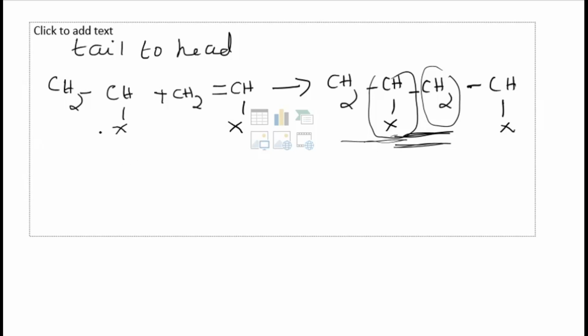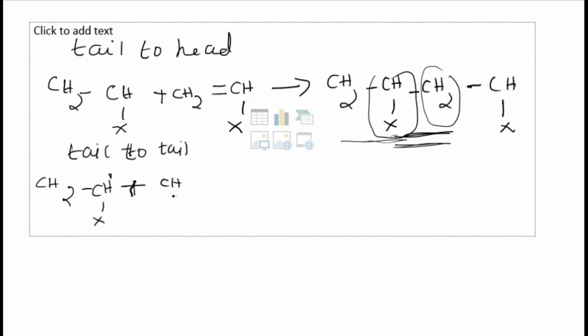Next we can see tail to tail. Again CH2 CHX dot X plus CHX double bond CH2 gives, that is tail to tail.